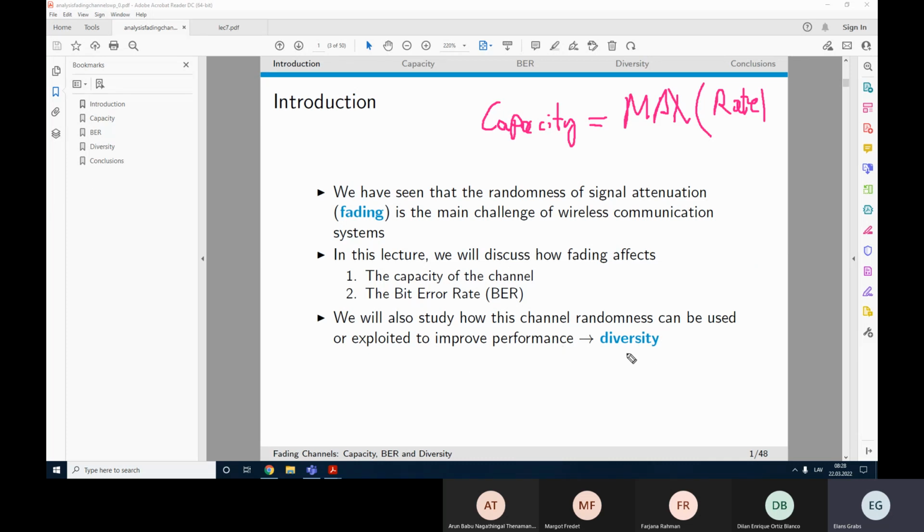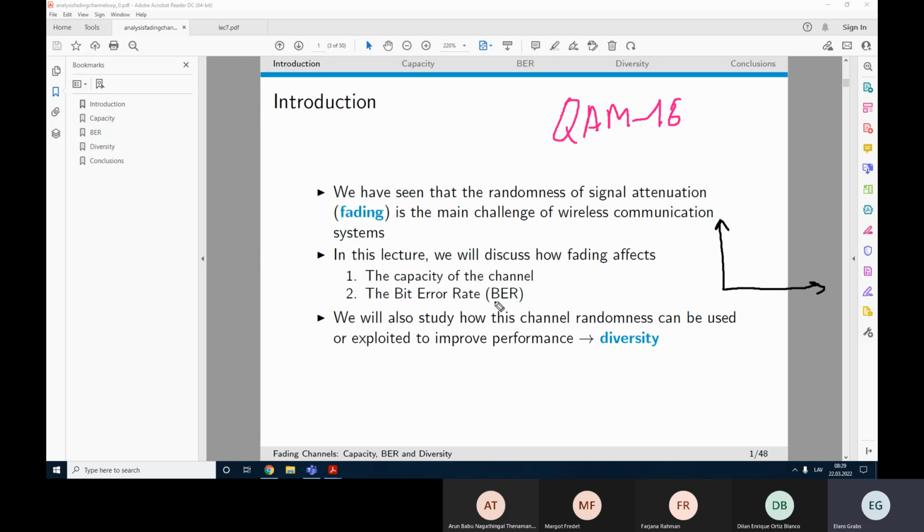And also in this lecture, as I said, diversity will be explained, and how we can improve this data transmission rate. Actually, I believe we already discussed bit error rate for quadrature amplitude shift keying modulation in the last practical exercise, and we drew one of the important performance evaluations for a transmission system, called the noise immunity plot.